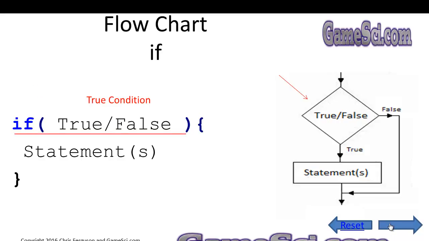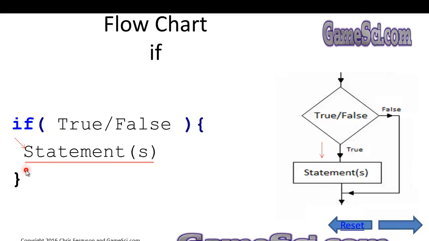Now, as I start the animation, you see we do the if true-false condition first. In this situation, while we're evaluating, let's assume a true condition. This statement, whatever it is, is going to evaluate to true. Well, what happens if it evaluates to true? You can see over here, we execute the statement inside the if block.